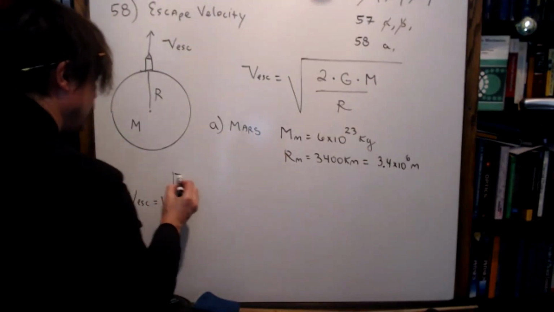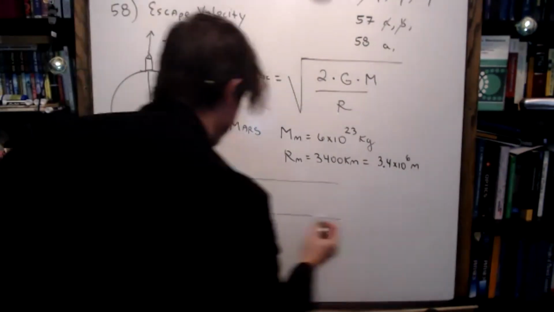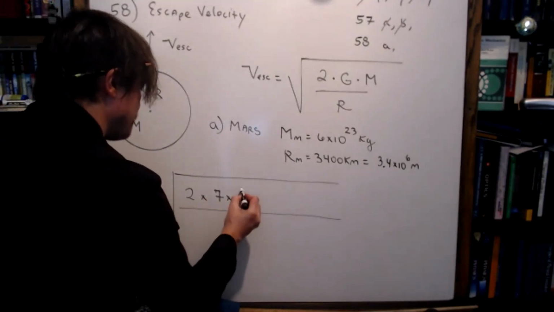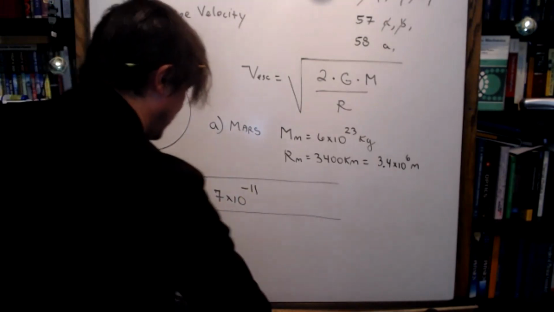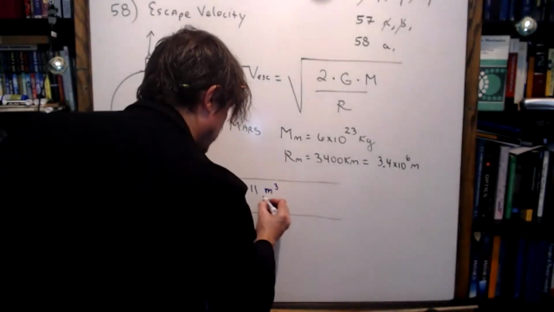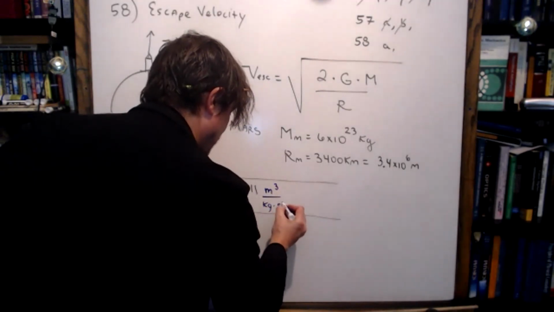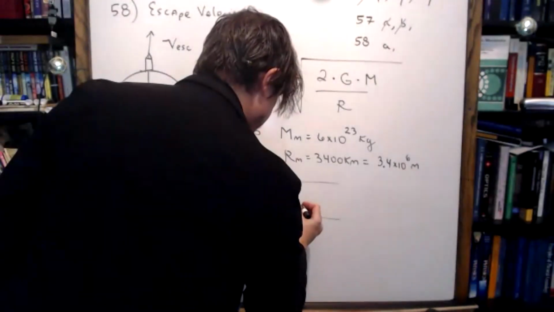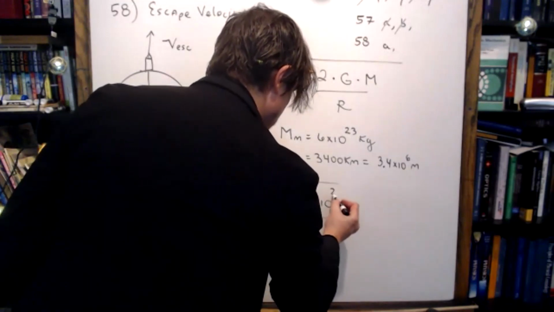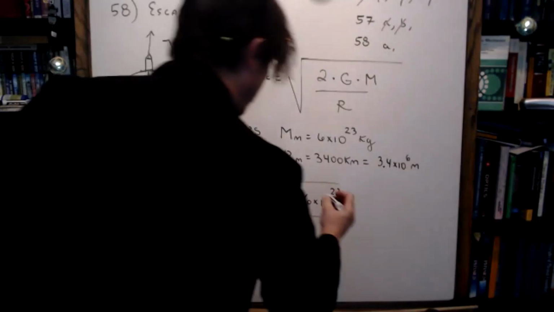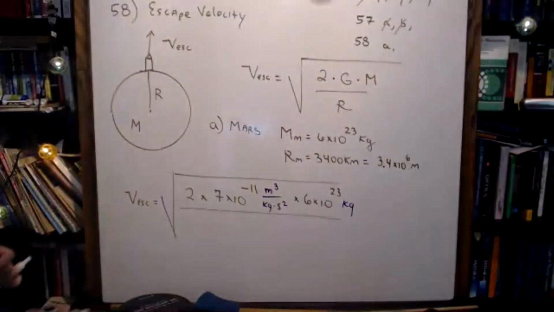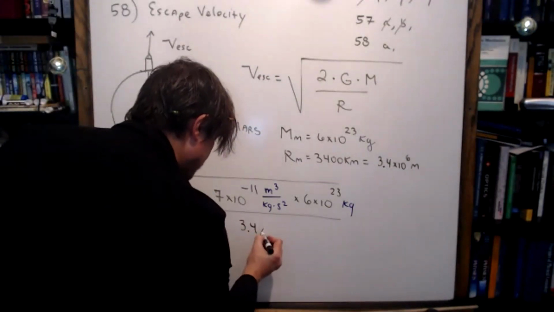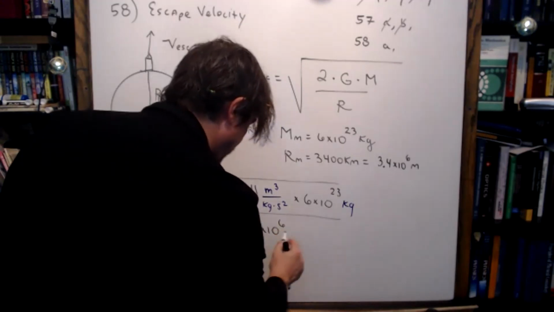The escape velocity will be the square root of 2 times 7 times 10 to the minus 11 meters cubed per kilogram per second squared, okay, times the mass of Mars, six times 10 to the 23 kilograms, divided by the radius in meters, 3.4 million meters.